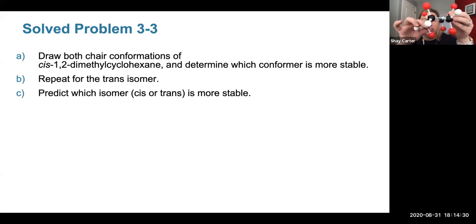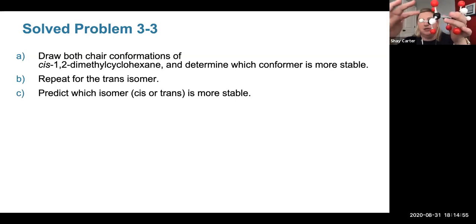So here is our chair conformation for cis-1,2-dimethylcyclohexane. Cis would mean that we're talking about this axial methyl here, and then, if it's cis, on the same face of the ring, the next one is going to be equatorial.